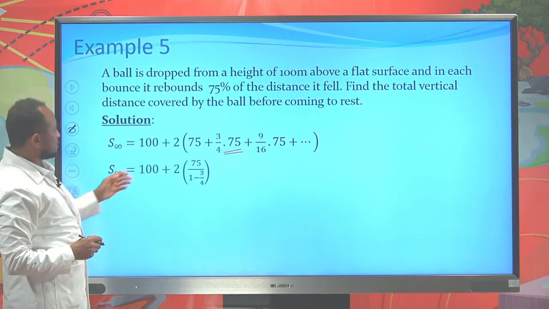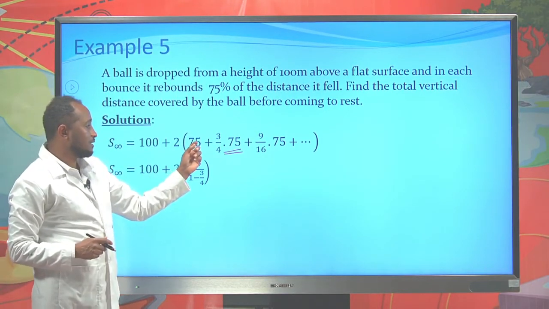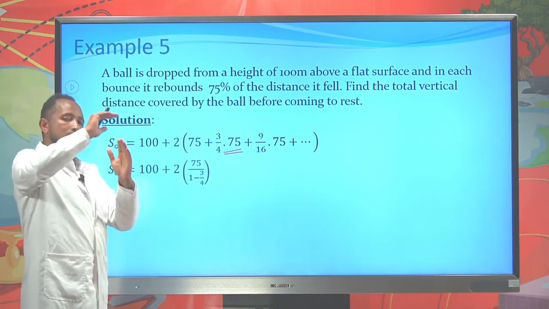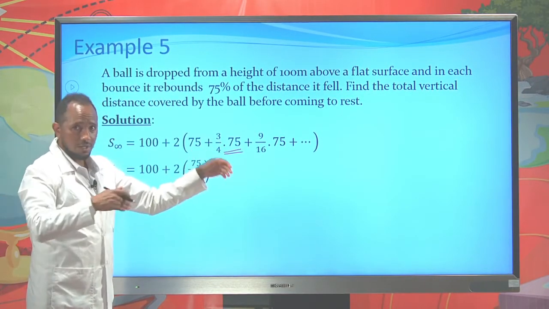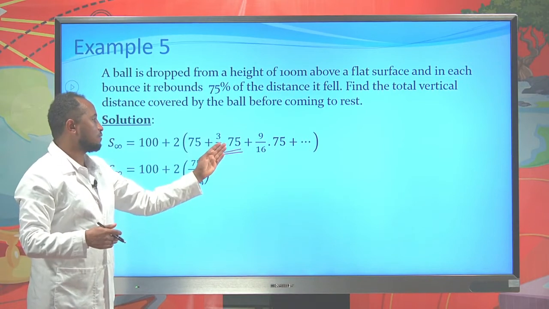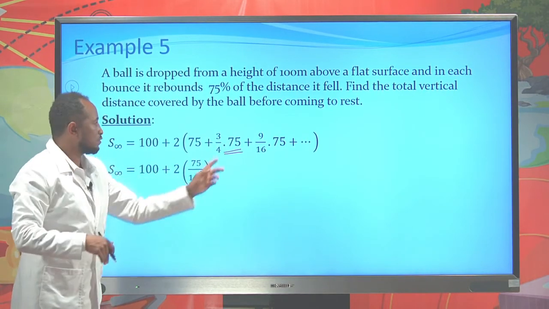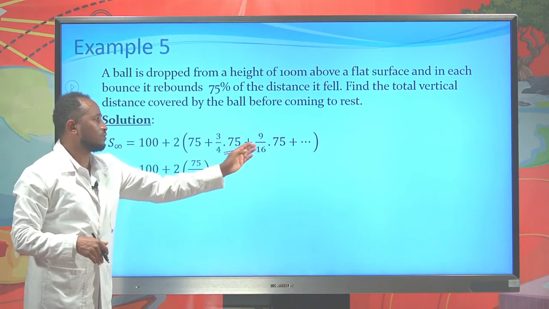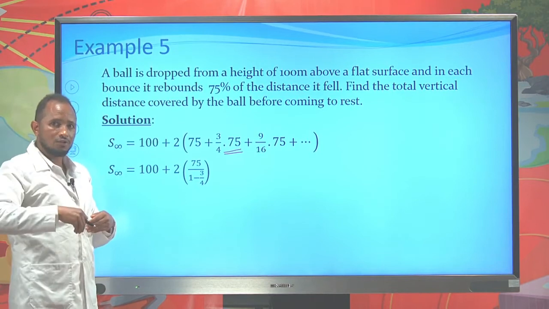The sum of these terms is 100 plus 75 twice, because it rebounds 75 and falls 75. Don't forget, on the next rebound it rebounds 3/4 of 75 and falls, so twice. All are twice. Therefore, 100 is a single number, since it only falls down.